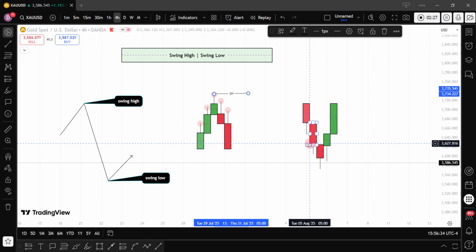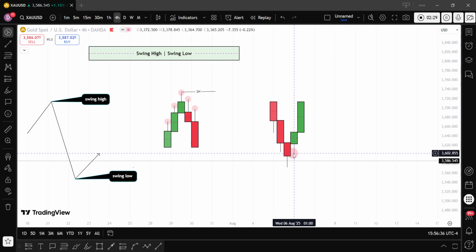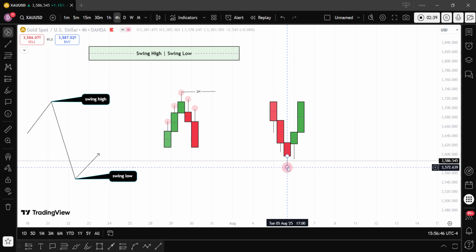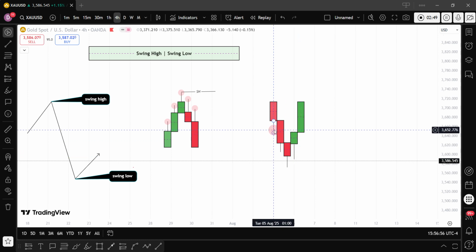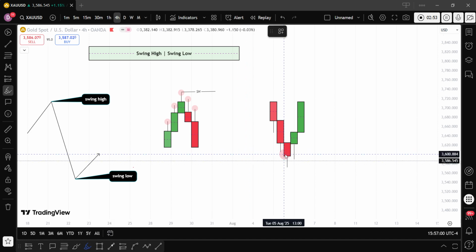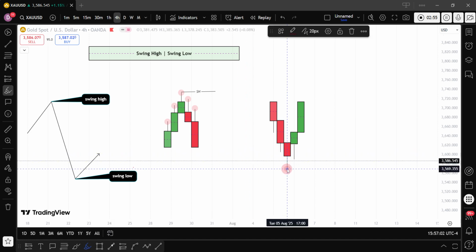Same. Now let's look at the swing low. For the swing low, it's just easy. You have to identify at least one higher low on both sides, on the left and on the right. As you can see here, this is our swing low.